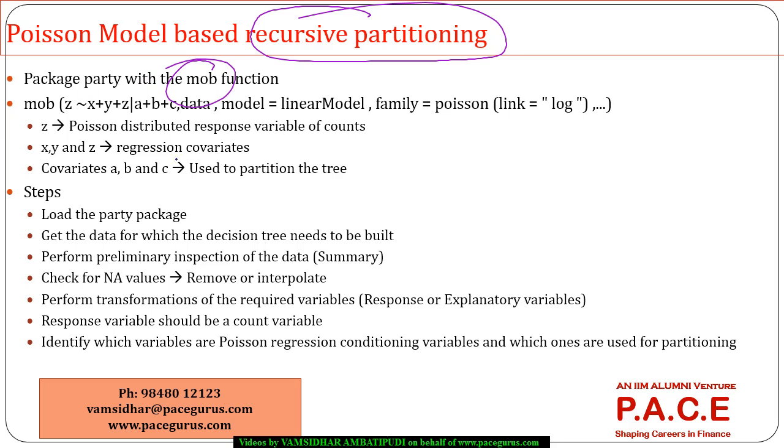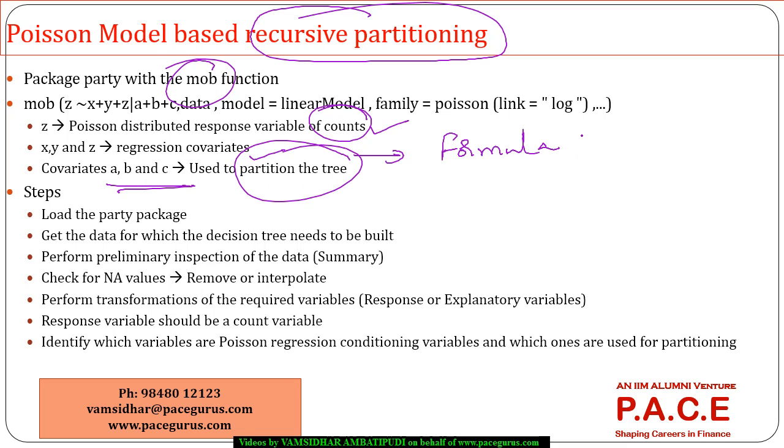So here I need a Z, which is a Poisson distributed random variable, more of a count related variable. X, Y, Z are the regression covariates which are used as a part of the formula, whereas A, B, C are the covariates which are used for the partitioning. In a recursive partitioning model, we have seen that there are two types of covariates that we use.